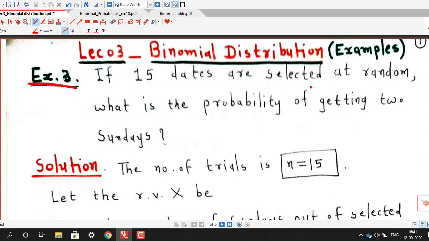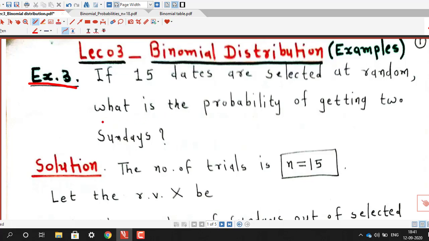If 15 dates are selected at random, what is the probability of getting 2 Sundays? So in this problem, the random experiment is to select 15 dates, and for each date there are possibilities that there is a Sunday on that selected date or there is not a Sunday on that selected date.